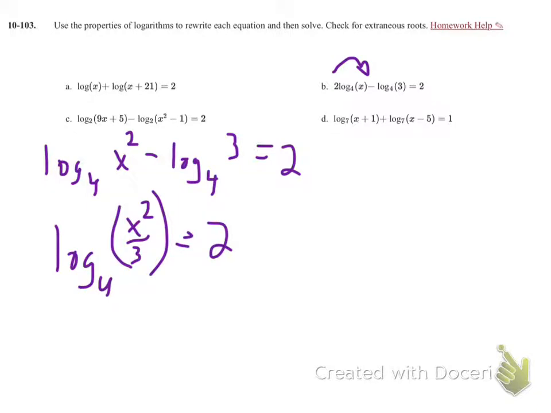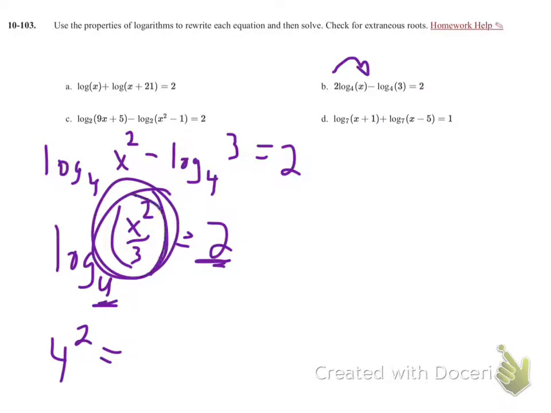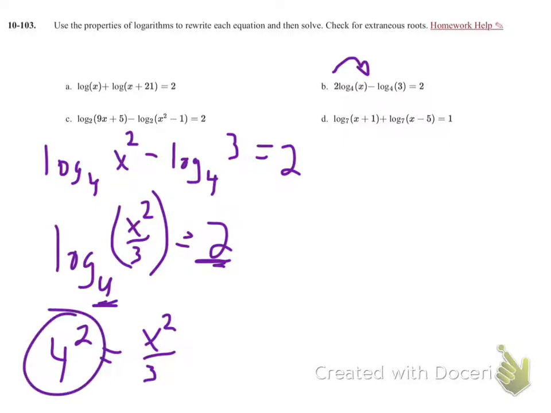I'm again, just like in the last problem, switching this to its exponential equivalent. So base of 4, exponent of 2, so 4 squared equals this right here, x squared over 3. 4 squared is 16, and I'm going to multiply both sides by 3 to get rid of that.